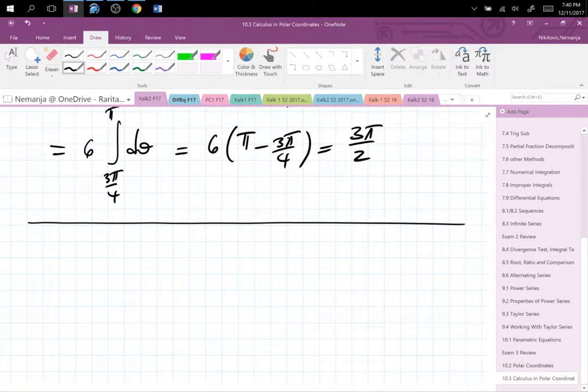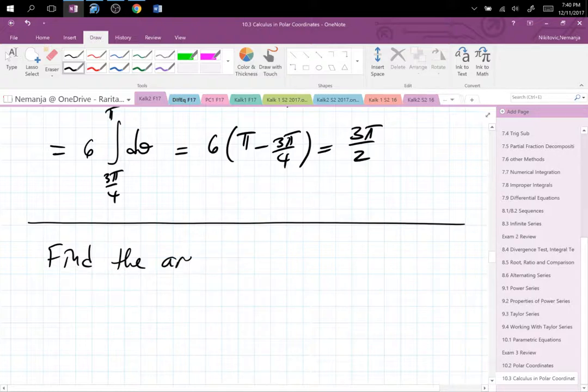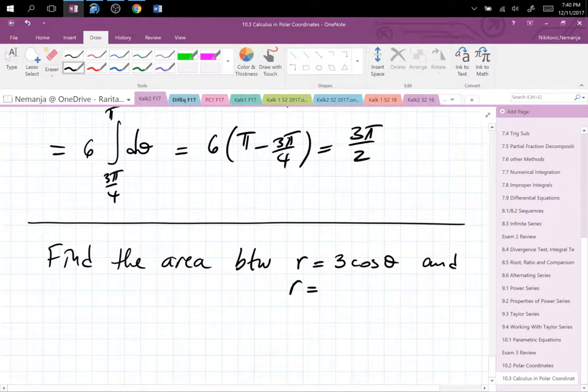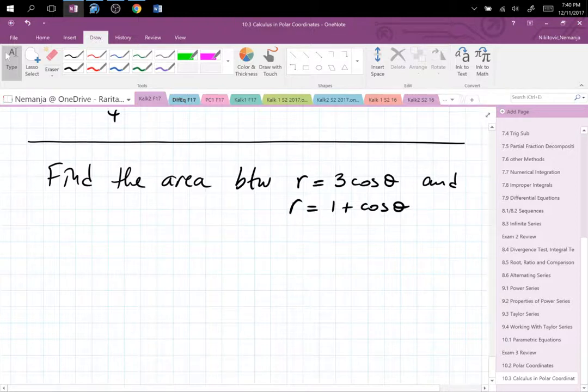Find the area between r equals 3 cosine theta and r equals 1 plus cosine theta. So one of these is a circle, and the other one is the annulus. No, the cardioid, sorry.